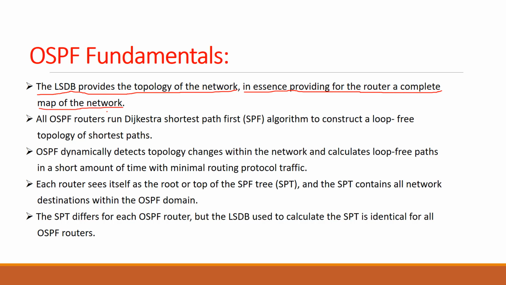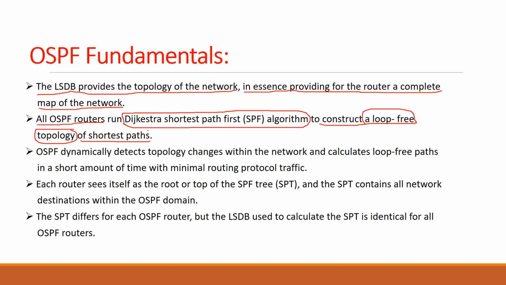Then, when each router has a link state database, all OSPF routers run Dijkstra's shortest path first algorithm, or the SPF algorithm. Why? To construct a loop-free topology of the shortest paths.